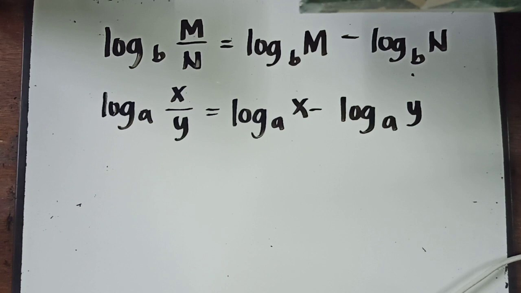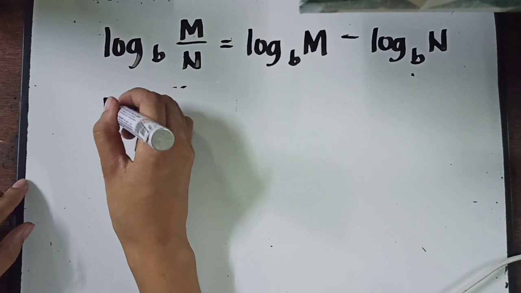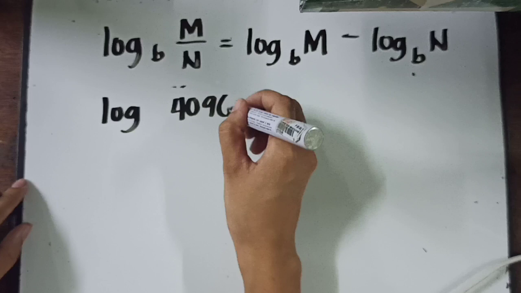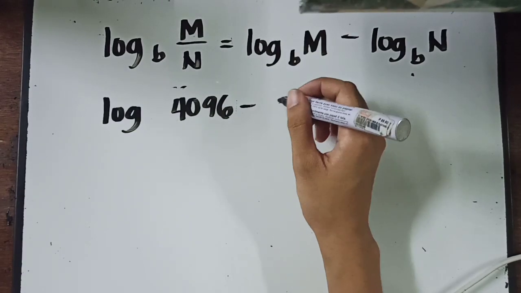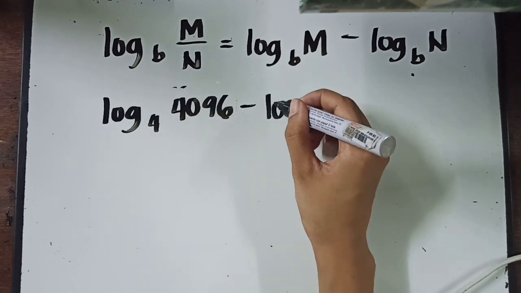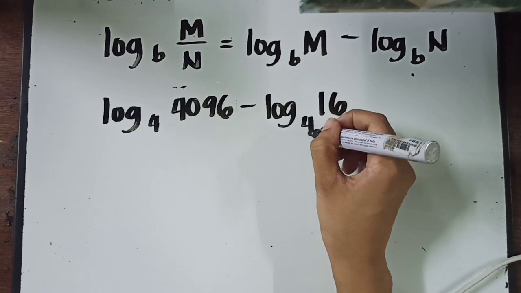So, next, what if we have this numerical value? Okay, so for example, if we have logarithm of 4096 to the base 4 minus the logarithm of 16 to the base 4.